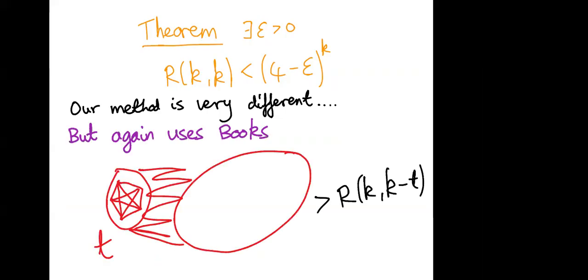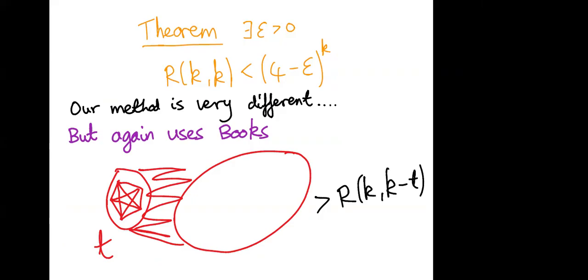Well, yeah, it's very different as well, but it does still have this basic idea of doing many steps at once. Now I'm simply calling it T, the number of vertices you're doing at once. This type of structure in a graph is called a book for some reason. So what we might want to find is a book where we have a clique of size T, and then a large set of vertices which all join in red to that clique.